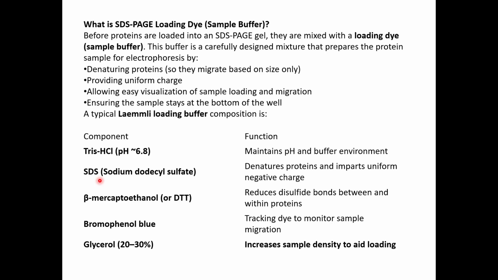Beta mercaptoethanol or DTT reduces the disulfide bonds between the proteins. Then bromophenol blue is the tracking dye which helps us monitor the sample throughout the migration. Then glycerol increases the sample density to aid the loading of the sample and also help the sample to settle nicely in the well.